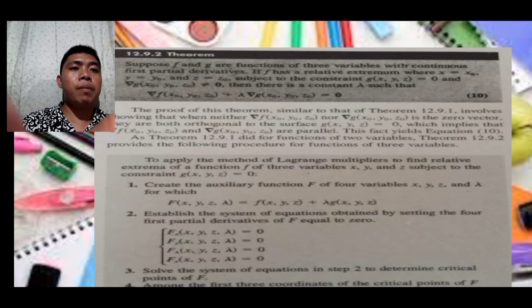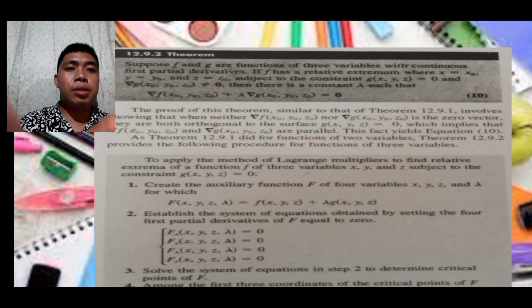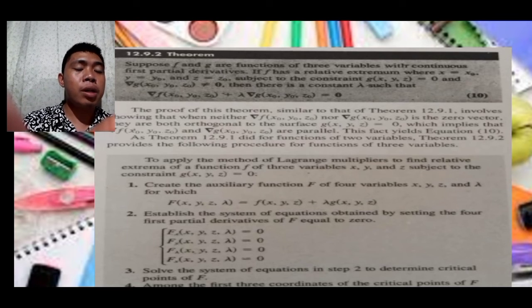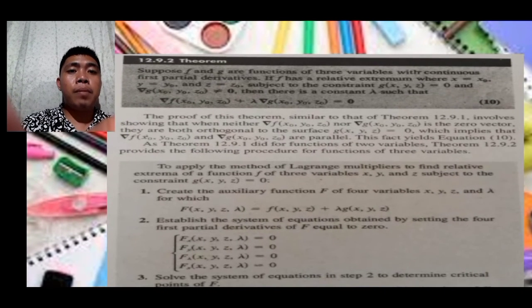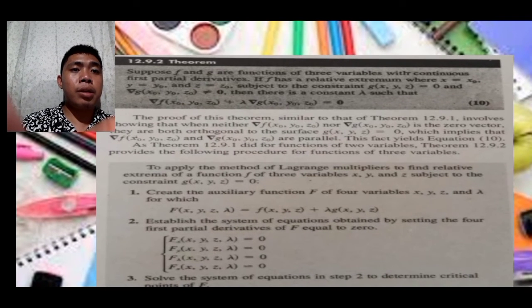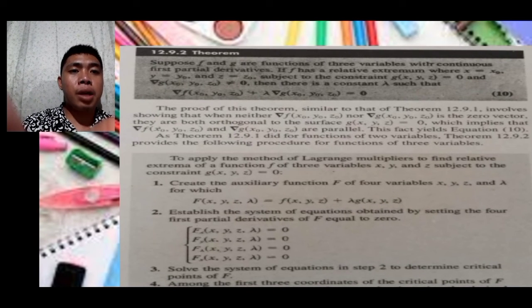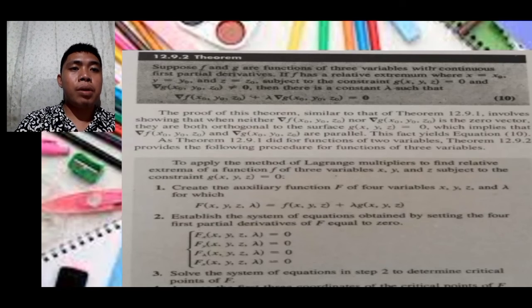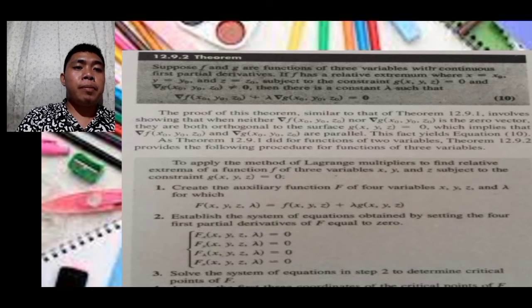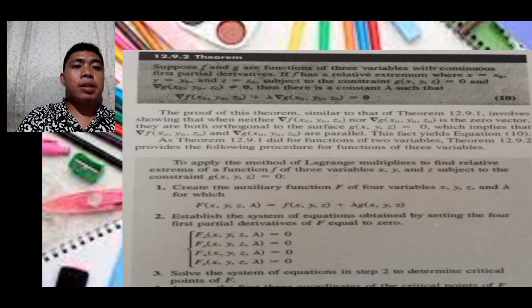If f has a relative extremum where x is equal to x sub 0, y is equal to y sub 0, and z is equal to z sub 0, subject to the constraint g of (x, y, z) is equal to 0, and the gradient of g at (x sub 0, y sub 0, z sub 0) is not equal to 0, then there is a constant lambda such that the gradient of f at (x sub 0, y sub 0, z sub 0) plus lambda times the gradient of g at (x sub 0, y sub 0, z sub 0) is equal to 0.